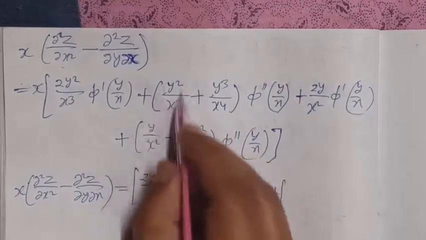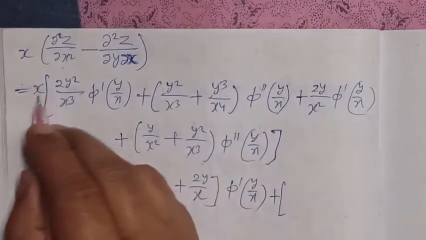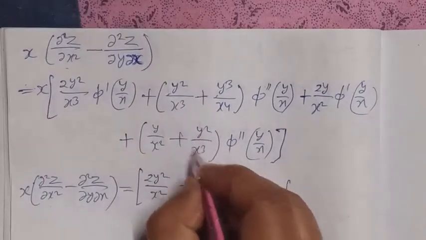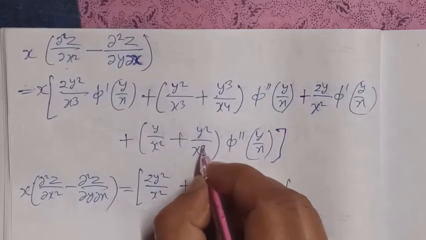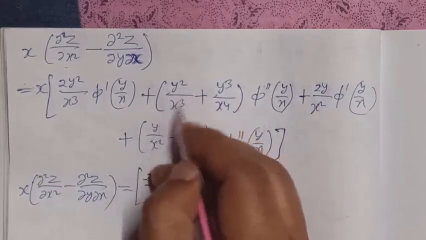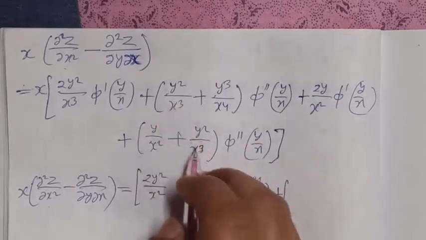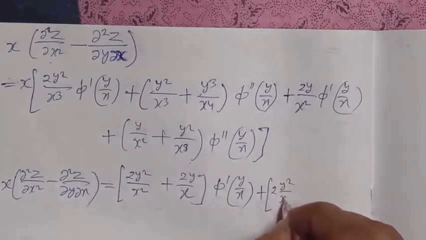But this term is also present here, because when x multiplies this term, x cancels out and we get x square here, y square upon x square. So these are two terms, and I write 2 times y square upon x square here.